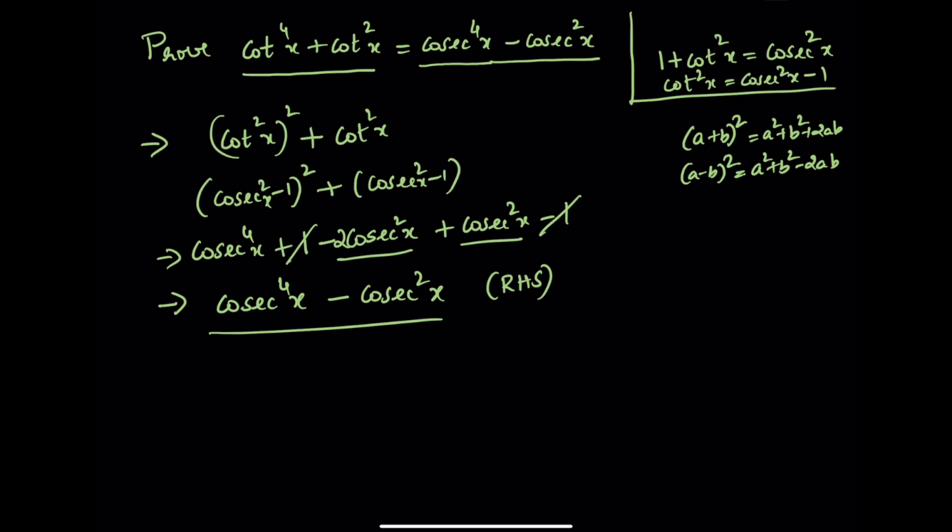So these are the main equations that we are going to use. Or there is one more, a square minus b square is (a plus b) times (a minus b). So if we can implement these concepts in the trigonometric identities, we can solve any problems without any difficulty.